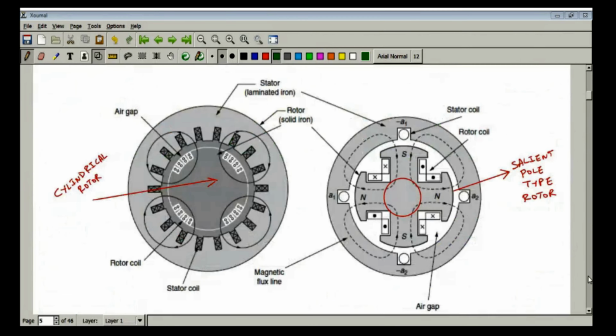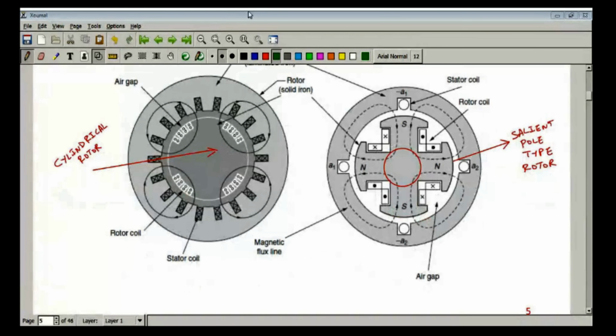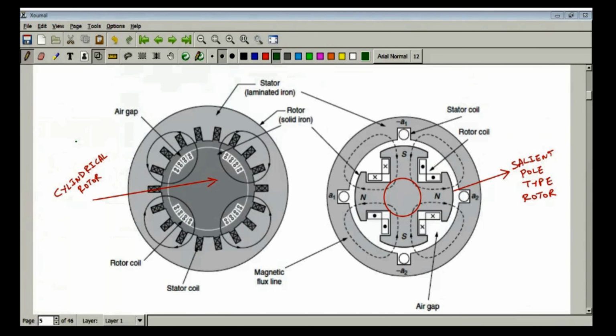Now, these were the two structures you can see, salient pole and non-salient pole. This thing is your cylindrical rotor. You can also call this the non-salient pole type. And this is a salient pole type.